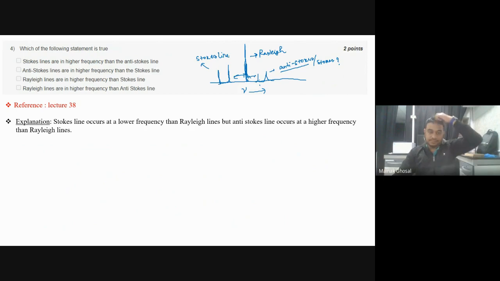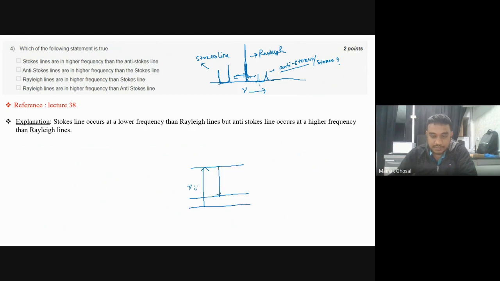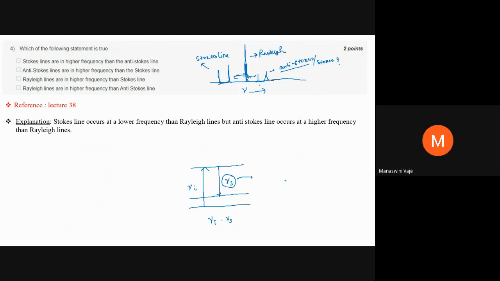You can see that also if I draw the diagram once again. I am drawing this Stokes line; nu I will be the incident frequency and nu s the scattered one. Is nu s higher or lower than nu I?